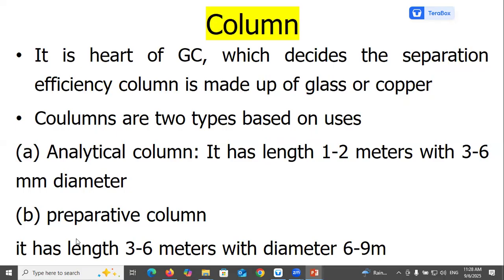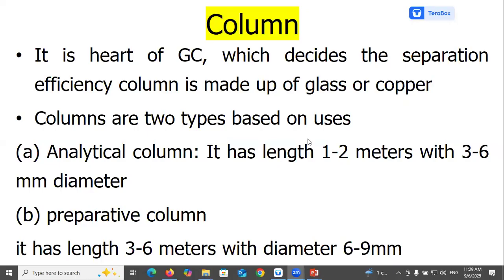Preparative column: it has a length of 3 to 6 meters with a diameter of 6 to 9 millimeters.